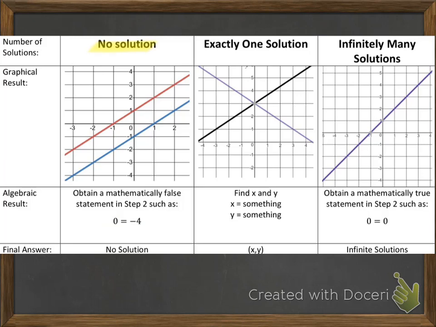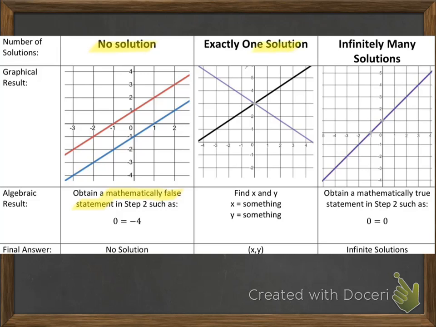It's very clear that 0 and negative 4 are not the same number. There are no values of x and y that are going to make 0 equal to negative 4. So since there is no way to make this true, we say that there is no solution. So again, if I'm solving graphically and I get no solution, that means I have parallel lines. If I'm solving algebraically and there's no solution, that means that I have a mathematically false statement that cannot be made true.